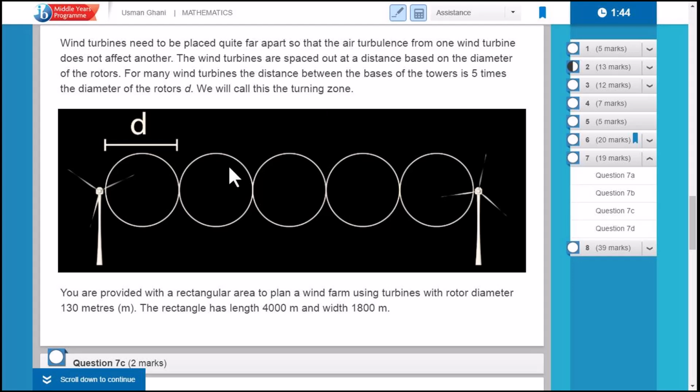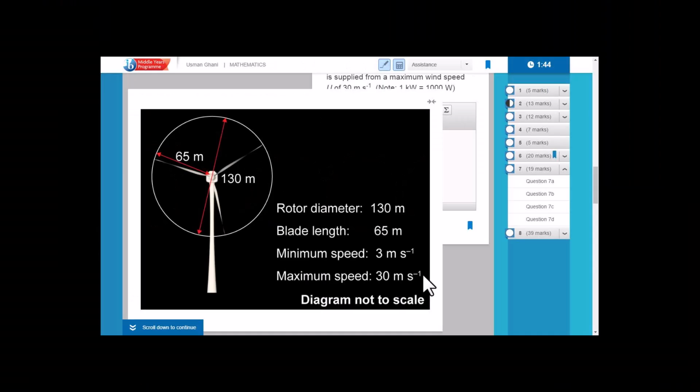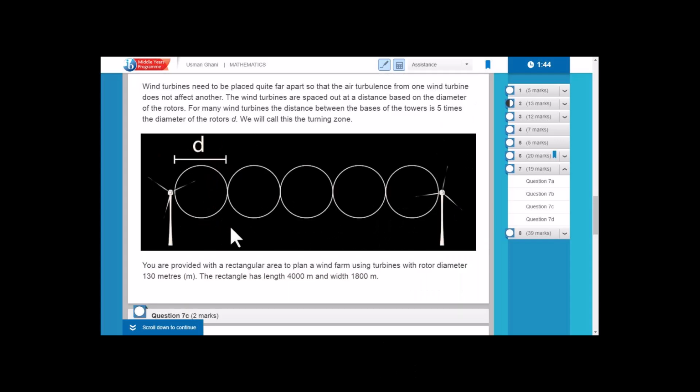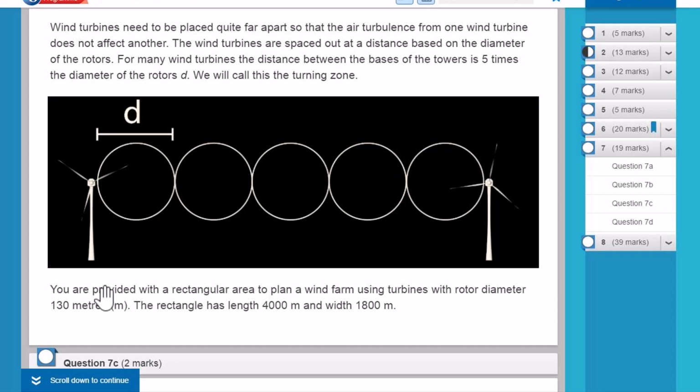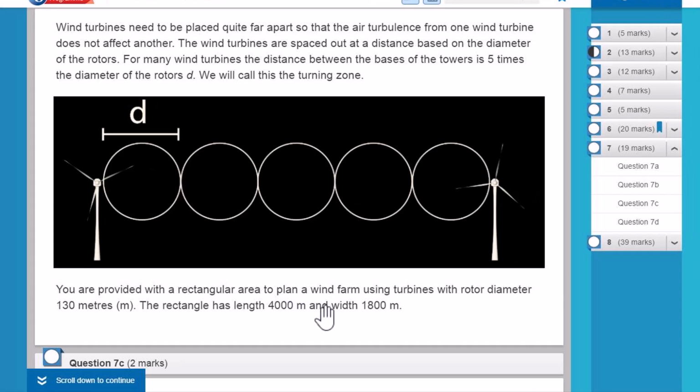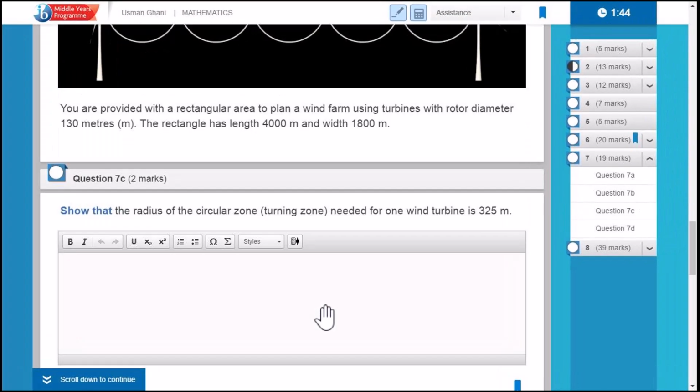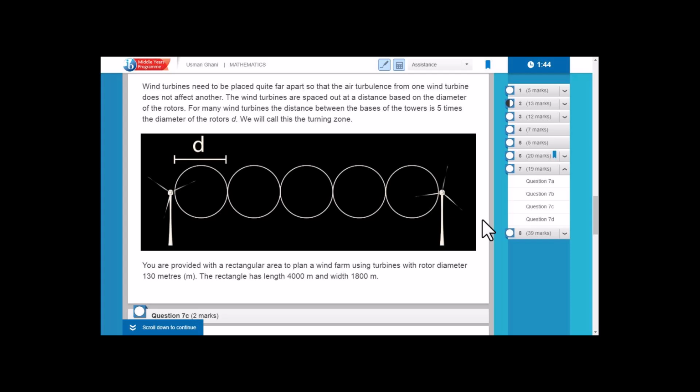So this is the diameter you found of the rotor, that is 130, given to us. So 5 times that diameter. You're provided with a rectangular area to plan the wind farm, and the rotor diameter is 130. The rectangle has these widths. Show that the radius of the circular zone, the turning zone needed for the wind turbine, is 325.